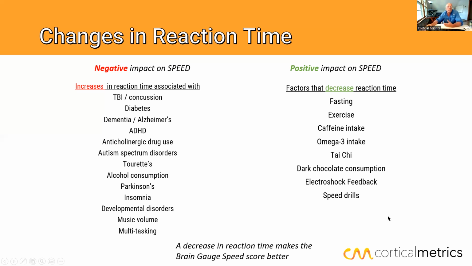Any kind of speed drill makes you think about responding quicker to a starter's gun, or to anything, like in martial arts, responding to somebody's approach. The speed drill does make you faster, and the brain gauge with frequent testing could be considered a speed drill, which will make you faster. But that's a good thing. You want to get faster, and you are actually getting quicker.